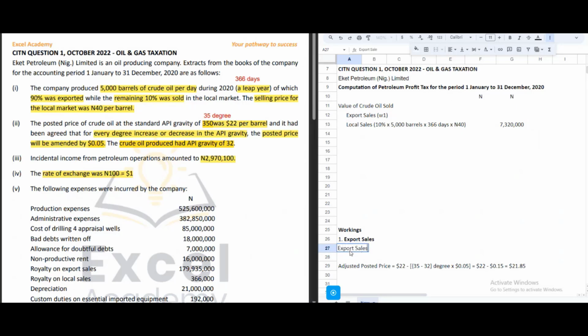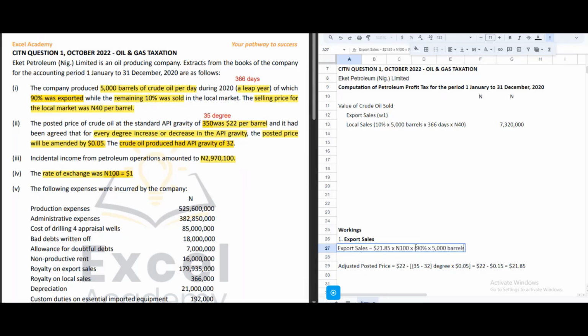Now we use this 21.85 to ascertain the export sales. So export sales will be 21.85 times the exchange rate, which here is 100. Then 90% were exported, so we multiply this by 90% of 5,000 barrels.